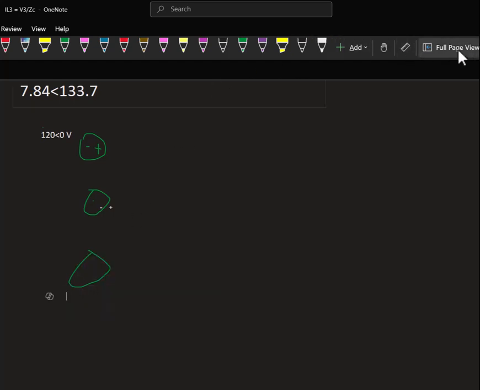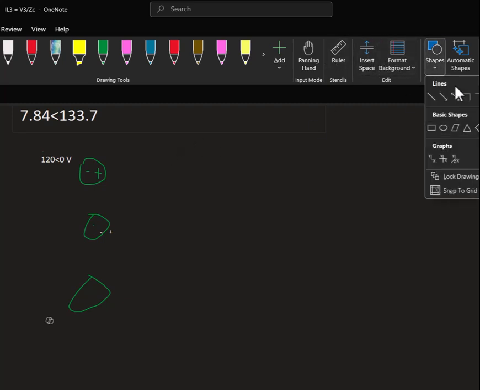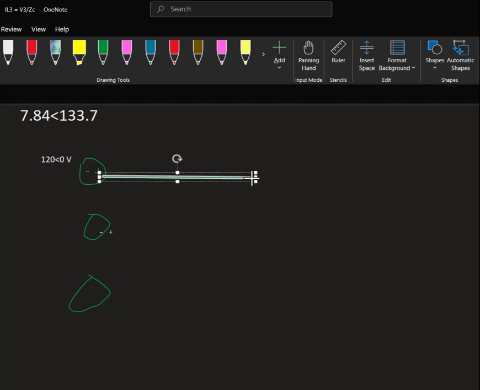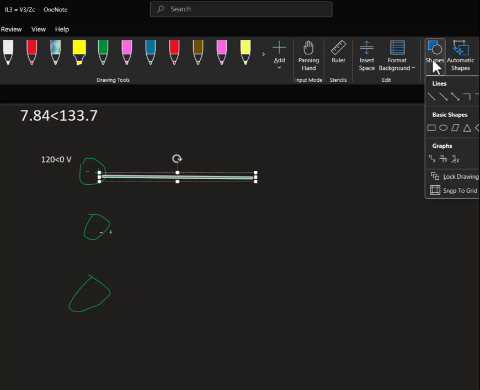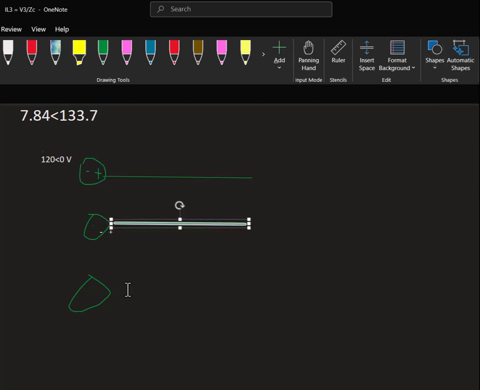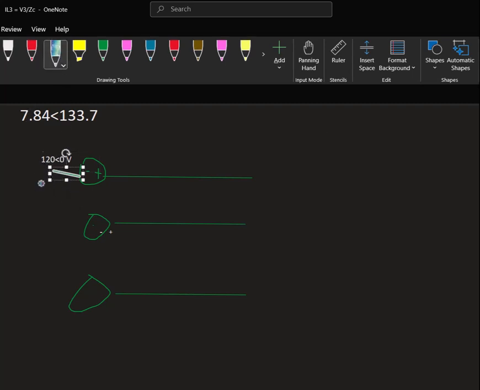And then the load is going to be set up like this.